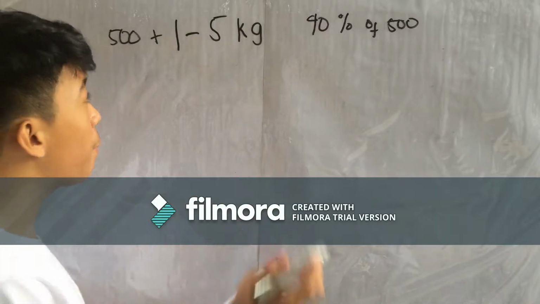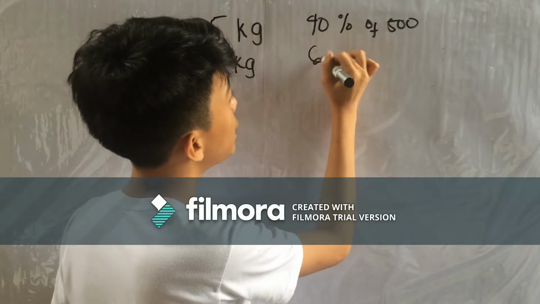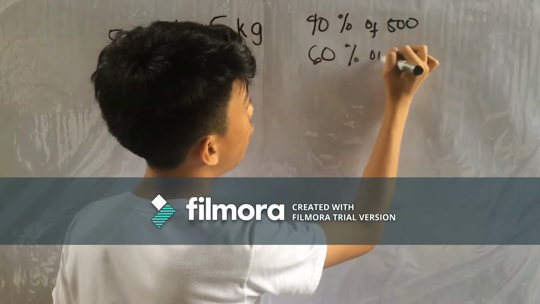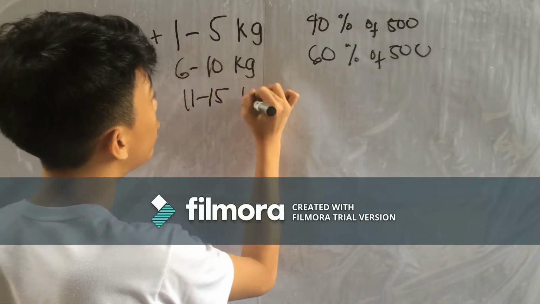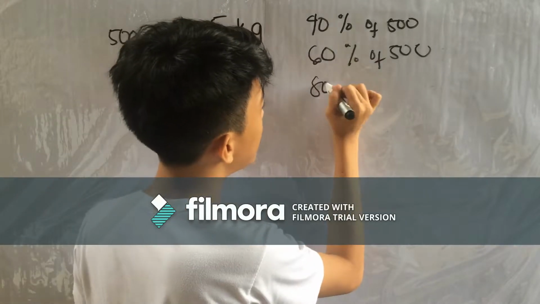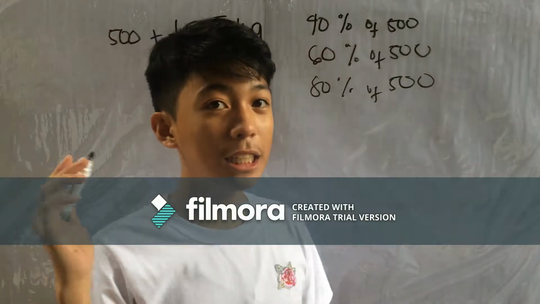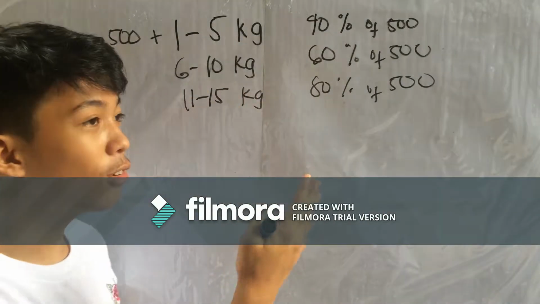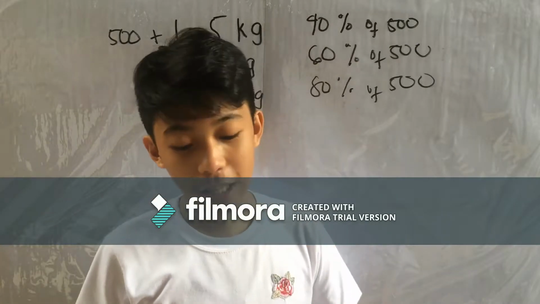Kapag 6 to 10 naman, magbabayad ka ng 60% of 500. At pag 11 to 15 kilograms, 80% of 500. At kapag lumagpas sa 15 kilograms yung excess na weight ng isang luggage nila, hindi na yun tatanggapin.